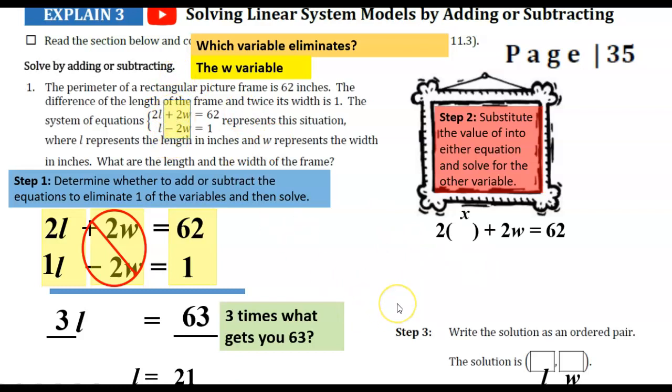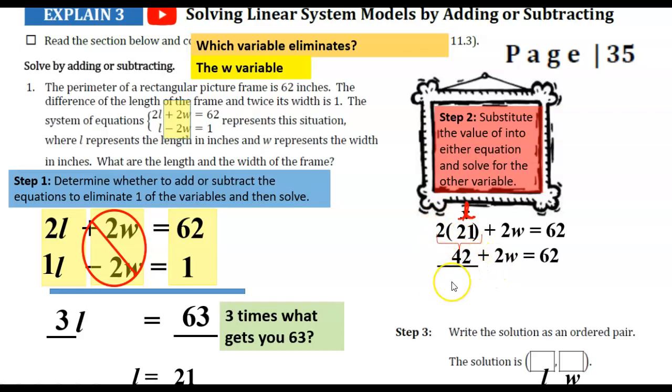It doesn't matter. In fact, let me fix one slight error: that should be an L and not an X. So instead of writing L, we're going to write in 21 plus 2W equals 62. I opted for the top equation. 2 times 21 would be 42.